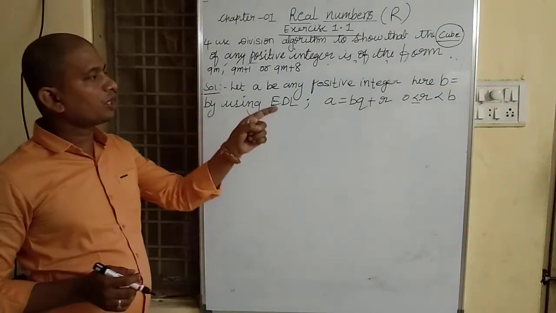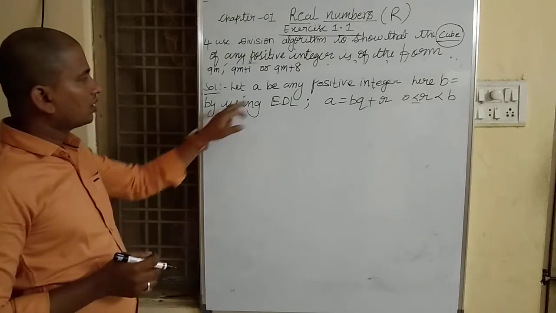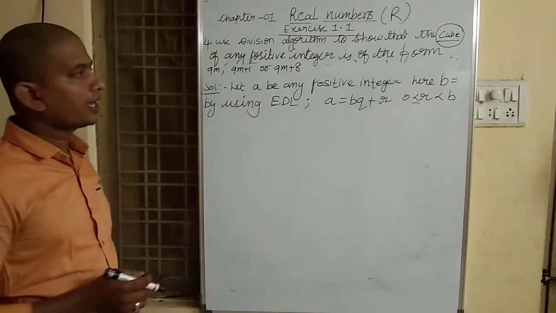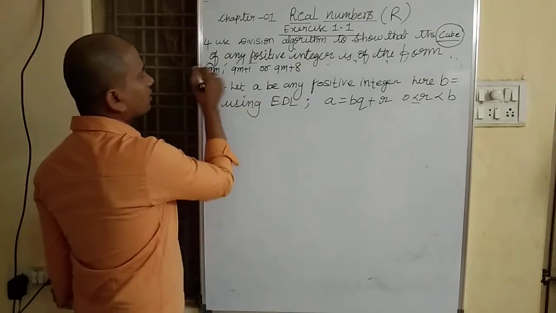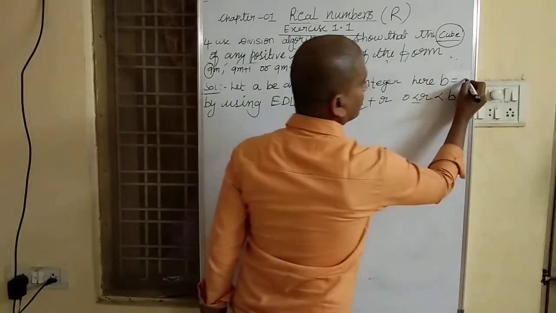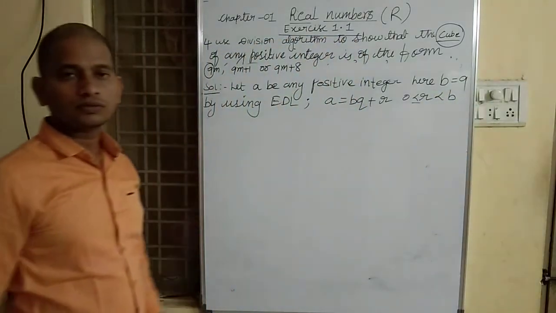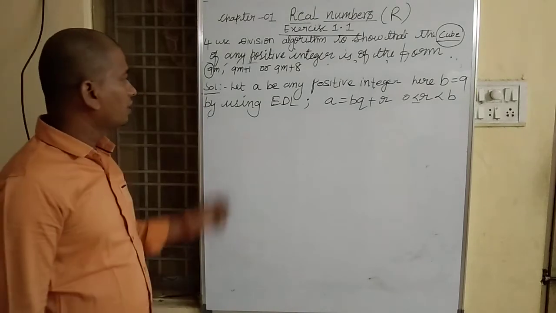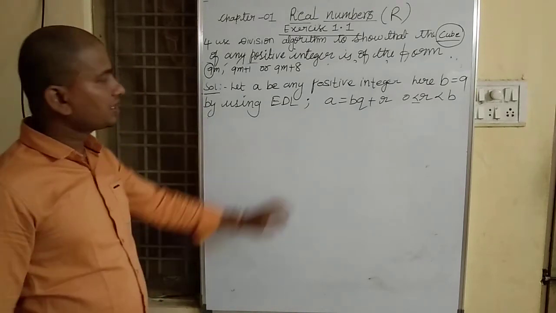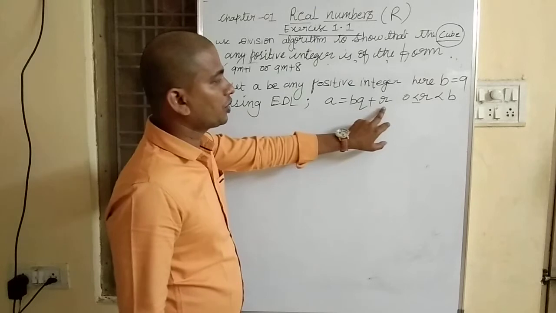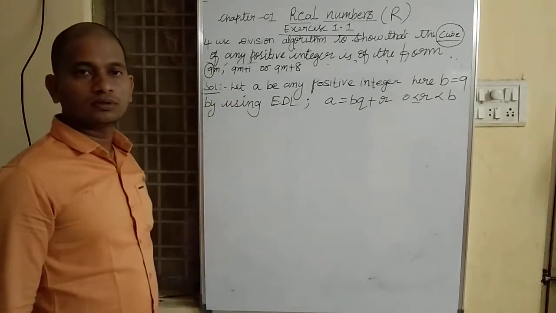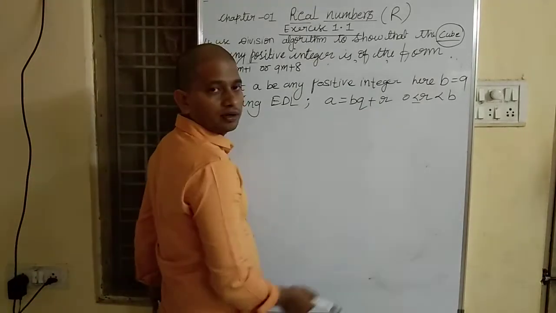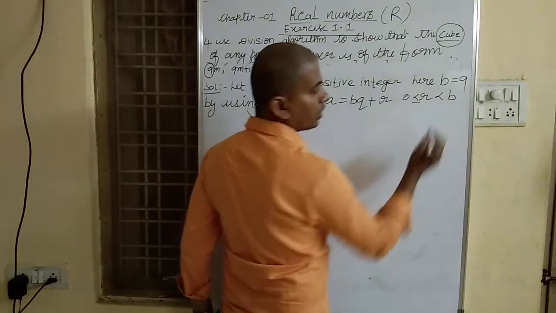So let a be any positive integer. And here, what is the value of b? Here the value of b is 9. By using EDL, what is EDL? a equal to bq plus r, where r lies between 0 and b.